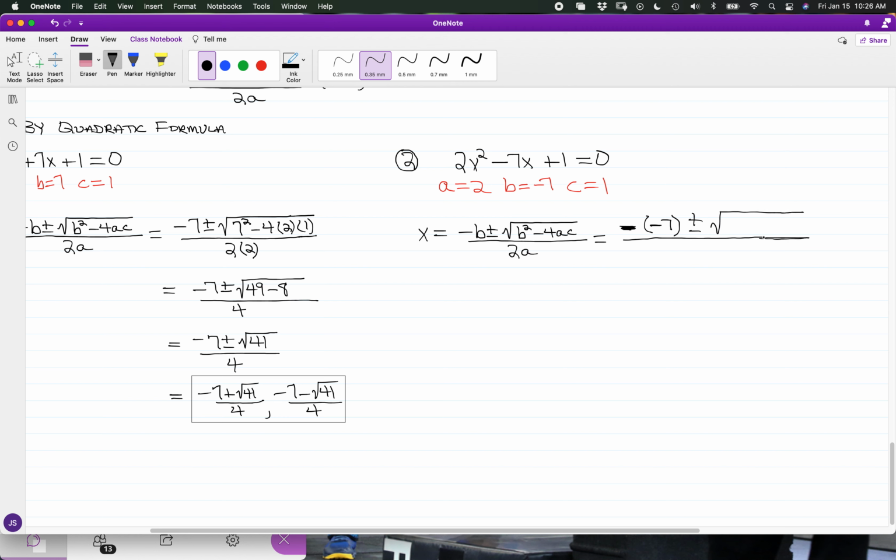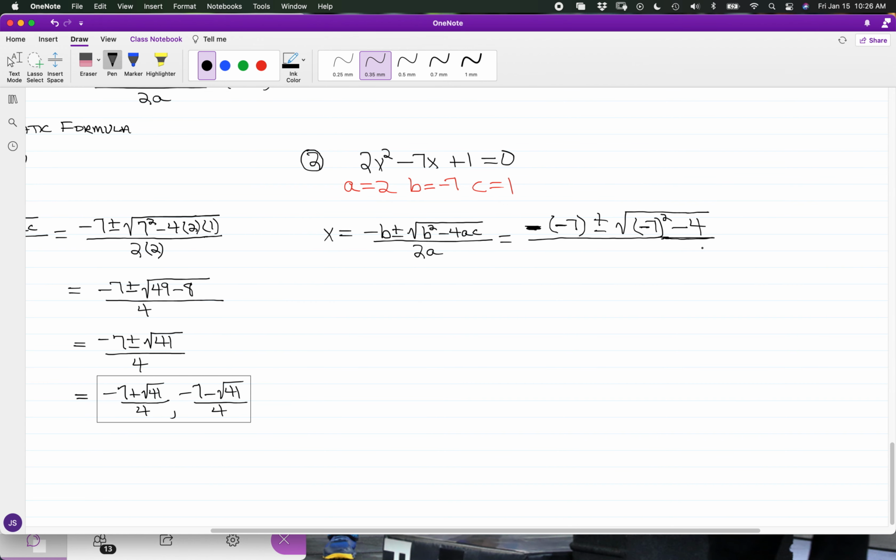And for b squared minus 4ac, so b squared, I'm looking at the square of negative 7. And we got minus 4 times 2 times 1. We have all over 2a, again, which is going to be 2 times 2.